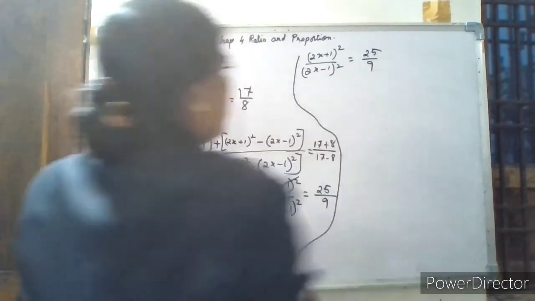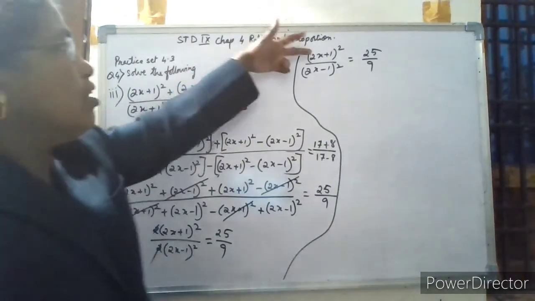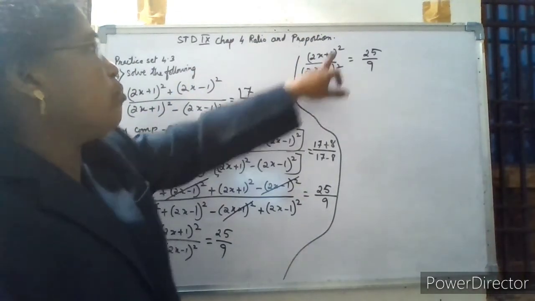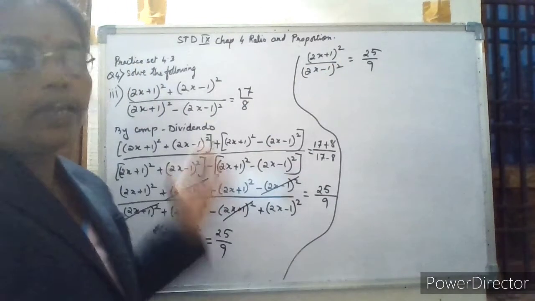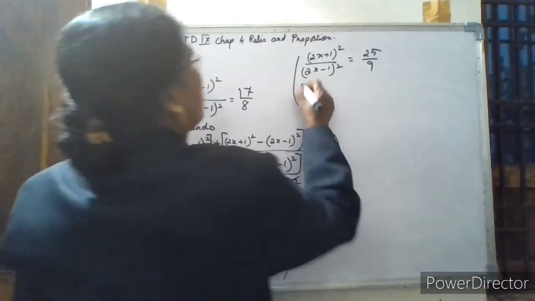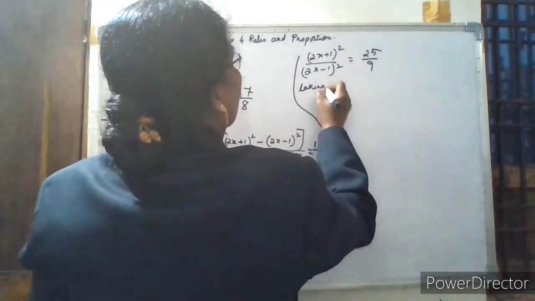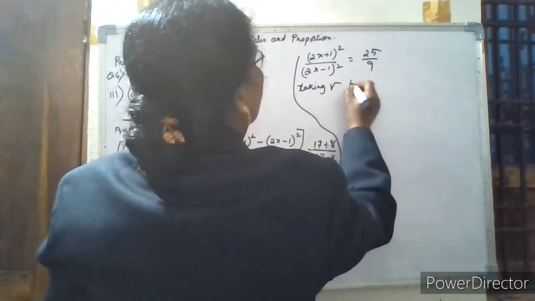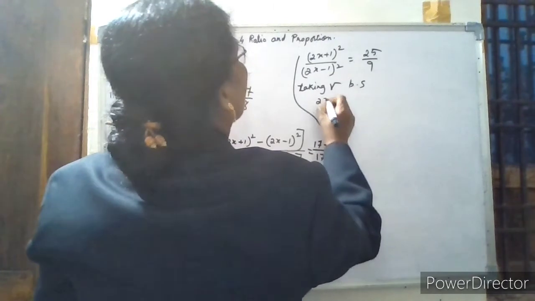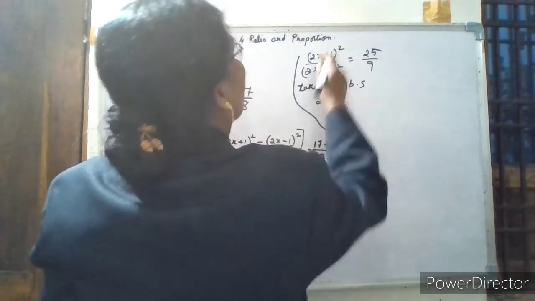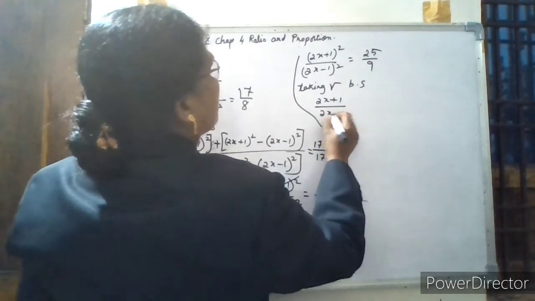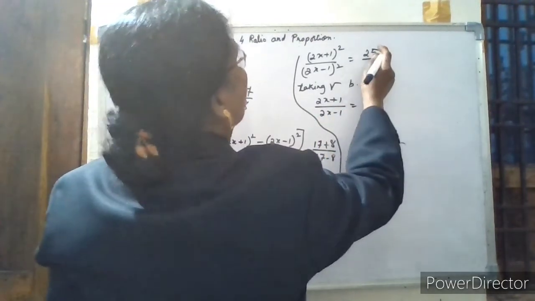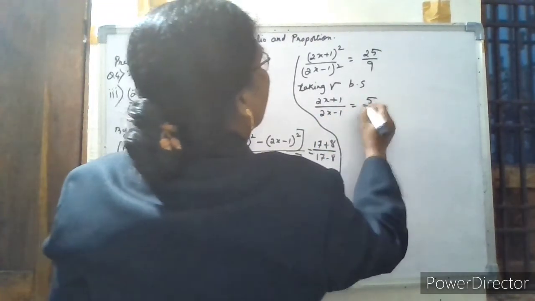You can see that here the numerator and denominator are squares, and these are also square numbers. So taking square root both the sides, we will get 2x plus 1, simply take out the square, upon 2x minus 1 is equal to the root of this, that is 5/3.